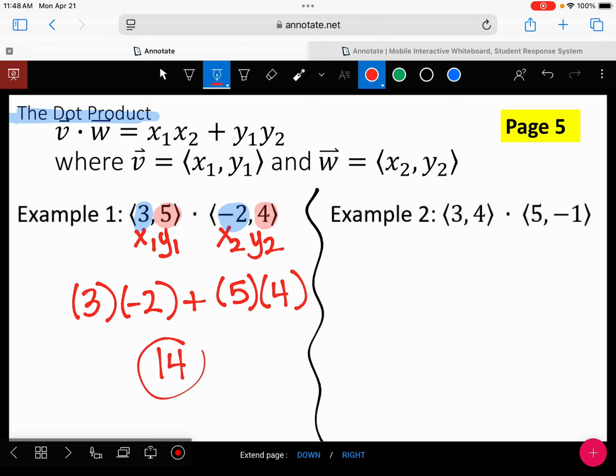Go ahead and do example 2. Try to do it on your own. We have two new vectors. Label it and find your dot product.